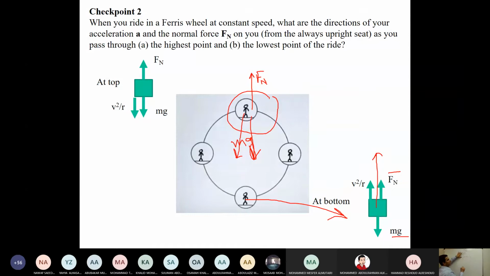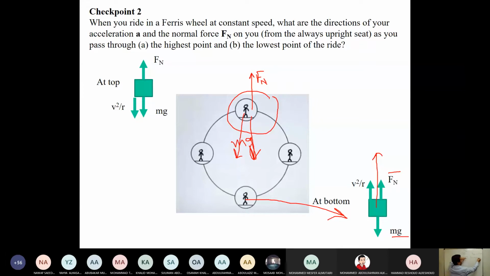Okay, so by Newton's second law, we say F net is equal to ma. When I'm distributing the forces, I put the x and y axis, plus y and minus y. I consider Fn positive minus mg.